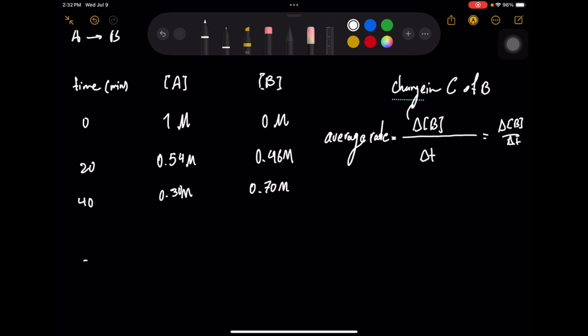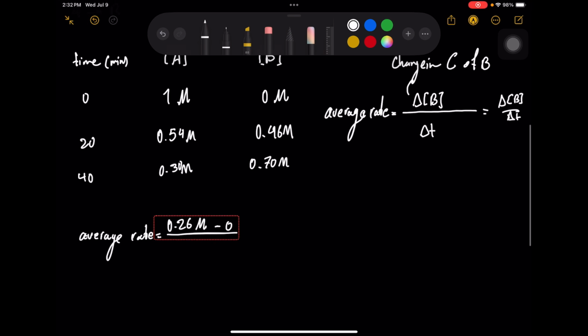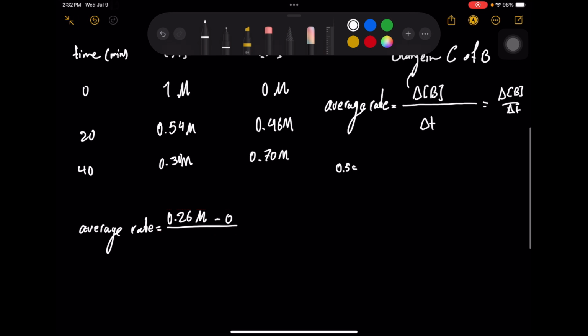Okay, let me just draw it like this. The average rate is (0.26 molar minus 0), because we have 0 here, and we just have to divide the initial minus this one to get the change. The change after 20 minutes is 0.54. However, since we want it at 10 minutes, we just divide that 0.54 by 2, since it's in 20 minutes.